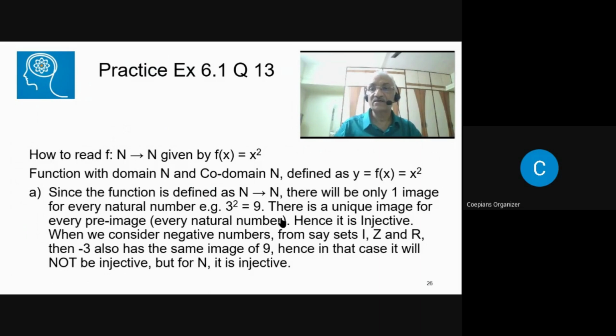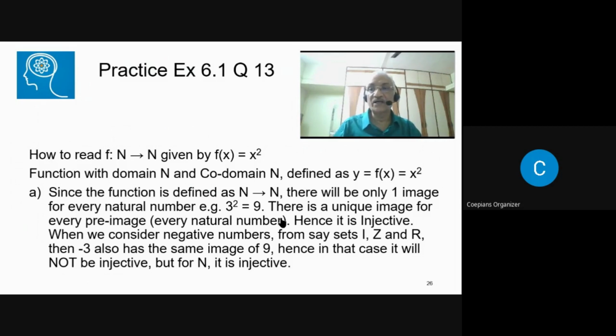The square of minus 3 is 9, and the square of 3 is also 9. So there are multiple arrows terminating into the member of set B, and in that case it wouldn't be injective. But in this particular case, since the domain and codomain are both natural numbers, only a single arrow will terminate into a member of set B. That's why this particular function is injective.